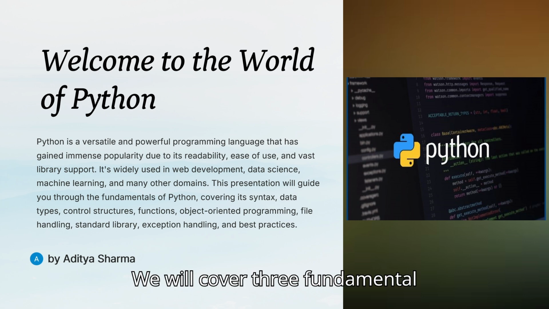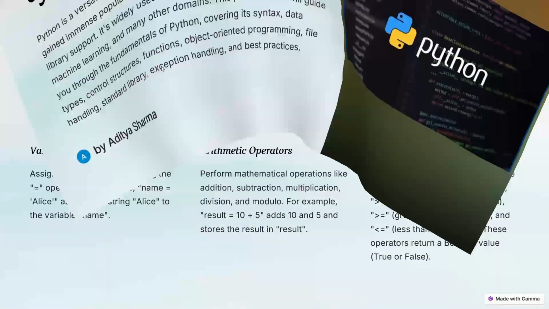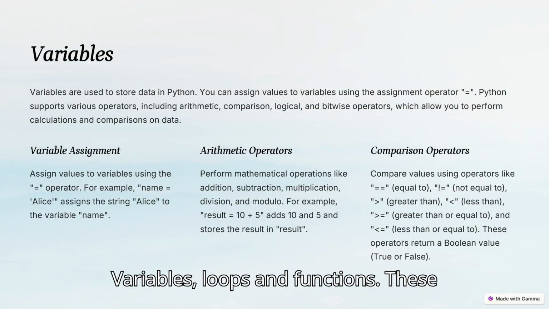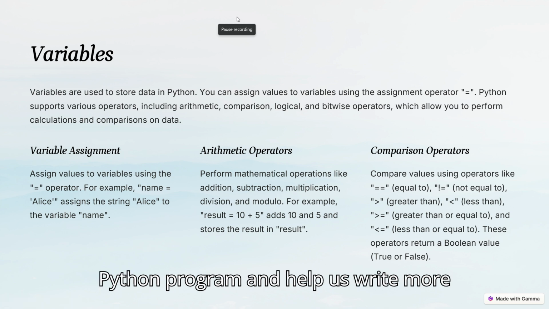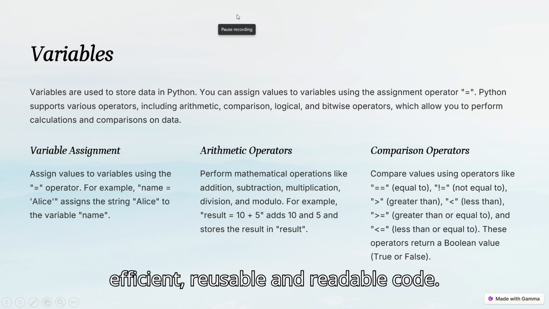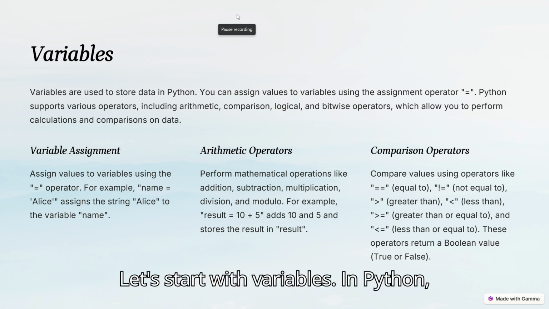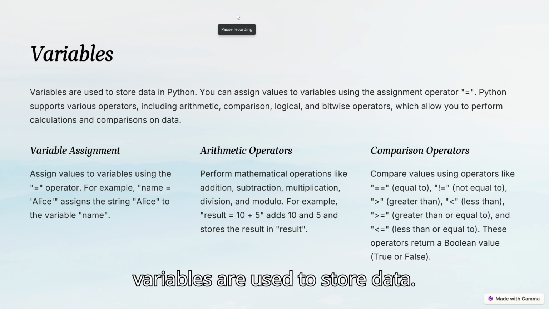We will cover three fundamental concepts in Python: variables, loops, and functions. These concepts form the backbone of Python programs and help us write more efficient, reusable, and readable code. Let's start with variables. In Python, variables are used to store data.